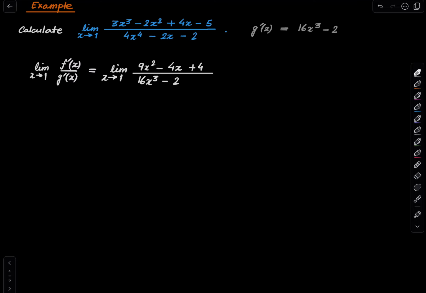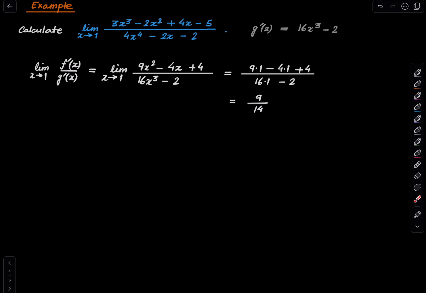Now, this limit is very easy to compute because this is a continuous function which does not vanish at 1. So this limit is just obtained by substituting x equals 1 in the place of x, which is equal to 9 minus 4 plus 4, which is 9 divided by 14. So that's the limit. Very easy.